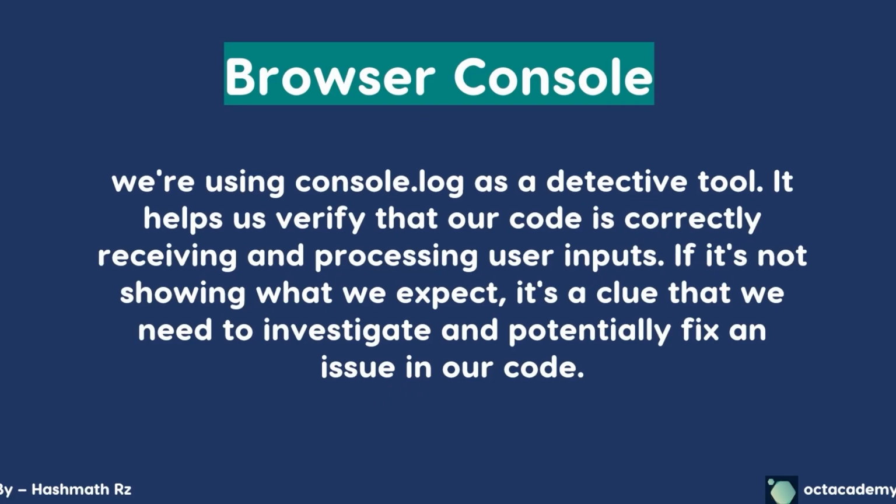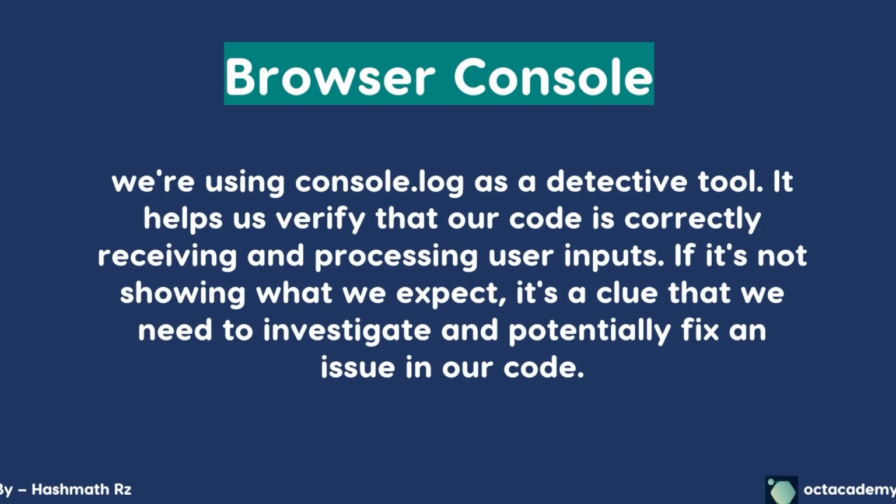It helps us verify that our code is correctly receiving and processing user inputs. If it's not showing what we expect, it's a clue that we need to investigate and potentially fix an issue in our code. This way, we can ensure our web application works as we expected and provides a smooth experience for users.